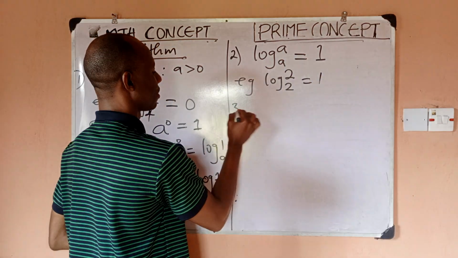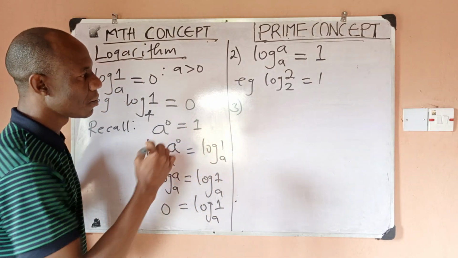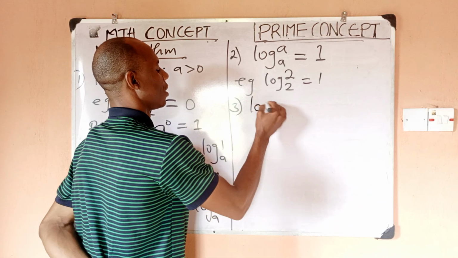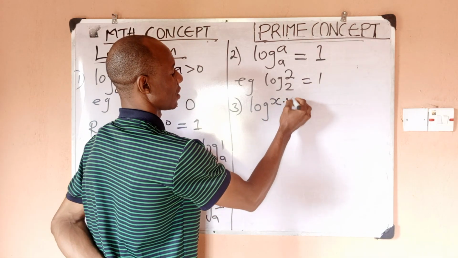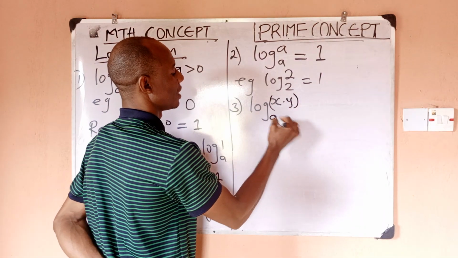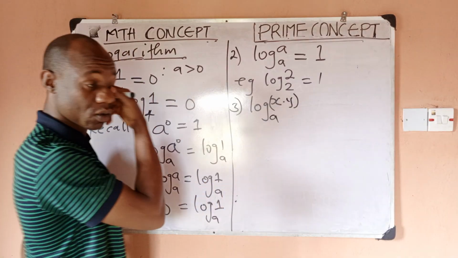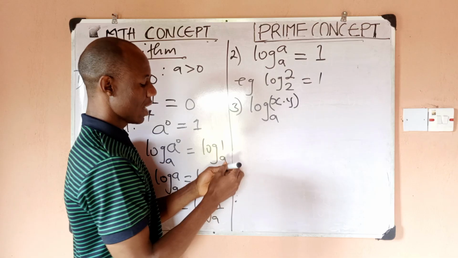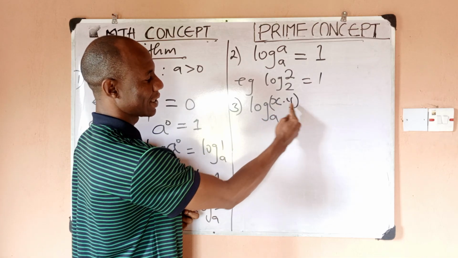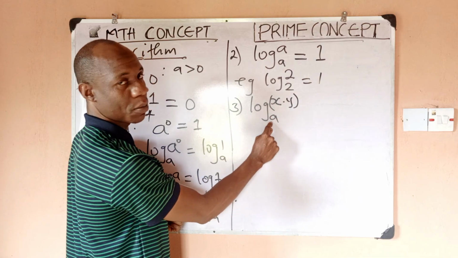So let's look at number 3. Number 3, if you have log x times y to base a, say you have two numbers multiplying. This dot means multiplication. So I have two numbers multiplying, x times y, and they have a common base.